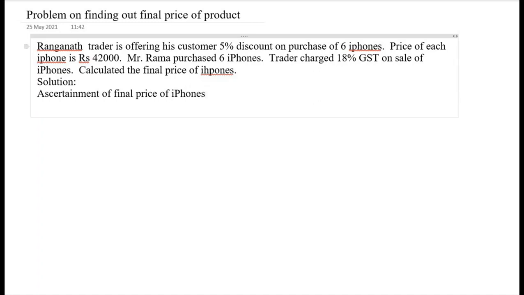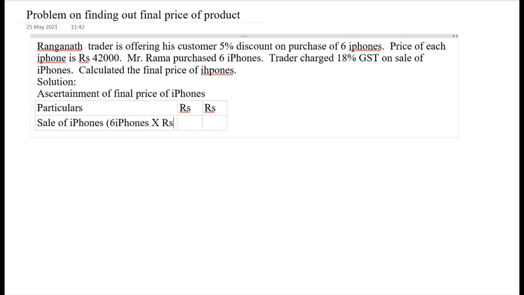Let me insert 3 columns here. Very simple problem here. Rupees. So sale of iPhones. So 6 iPhones multiplied by rupees 42,000 each.